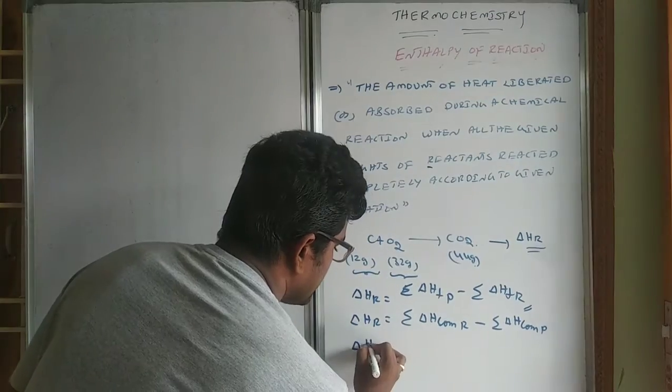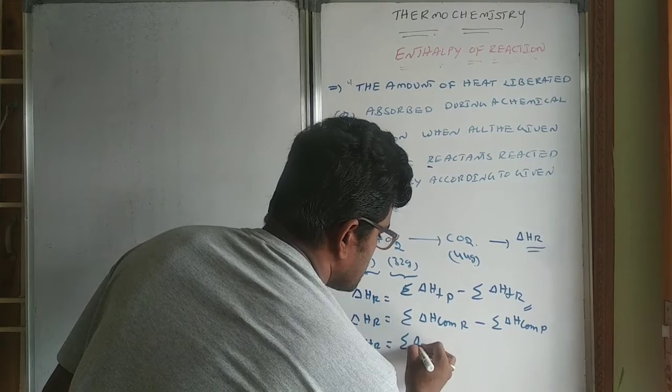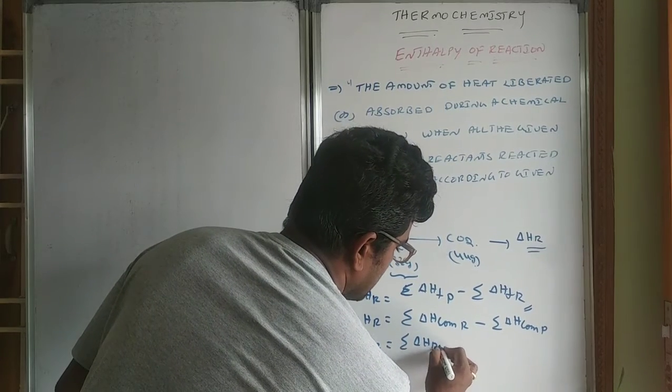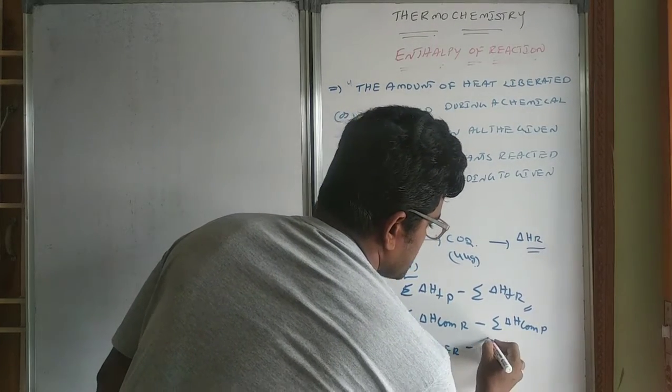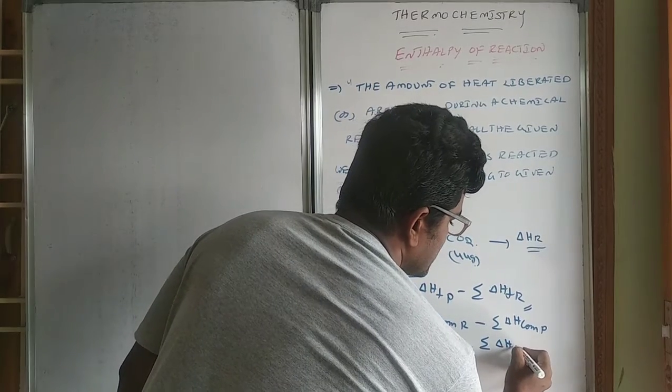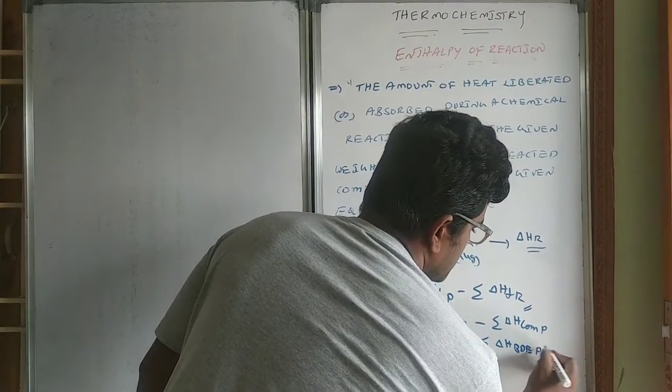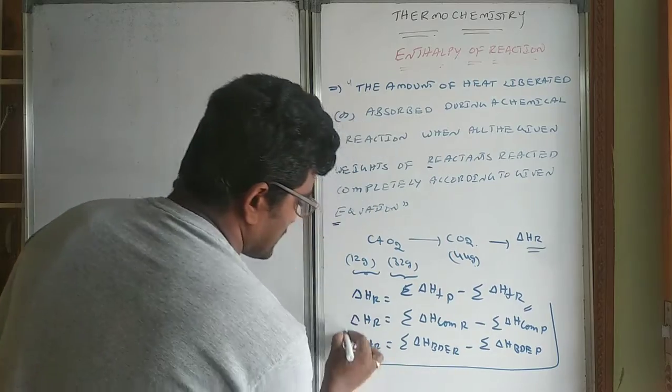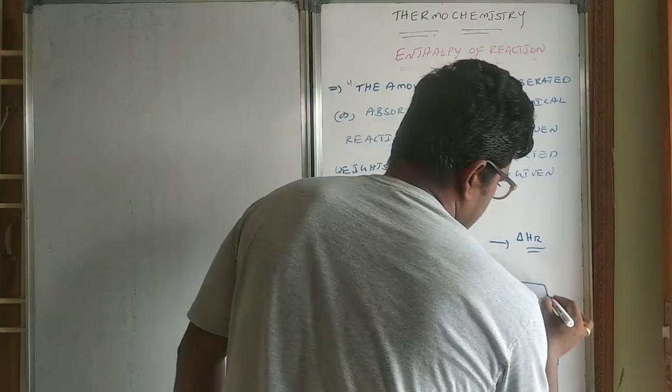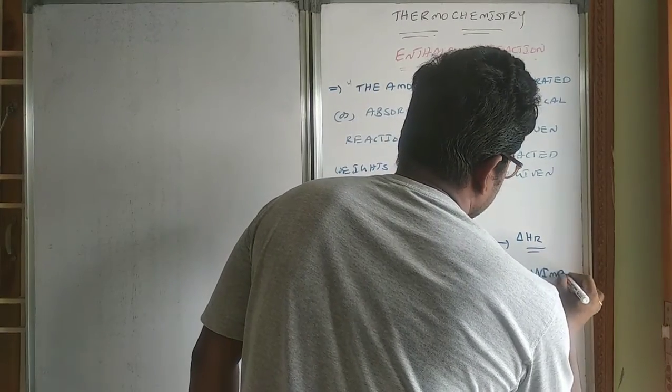Enthalpy of reaction is equal to sigma bond dissociation energy of reactants minus sigma bond dissociation energy of products. These three are very, very important formulas.